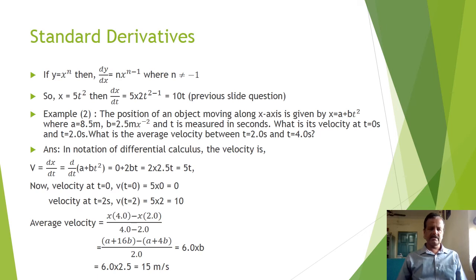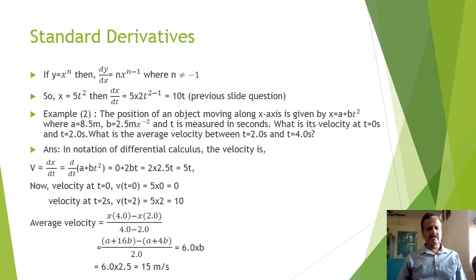dy by dx is equal to n x raised to n minus 1, where n takes the value of any positive or negative integer except n equal to minus 1. If n is equal to minus 1, this equation is not valid. We follow another equation that we will take whenever we get into problems of that nature later.